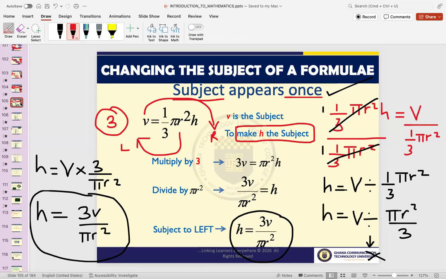Yes, you can, but the swapping makes it look easier because the objective is to bring whatever letter you are looking for to the left. That is the agenda. So when you make it appear on the left, it becomes easier. But you can also use other ways and you arrive at the same results. No problem about that.